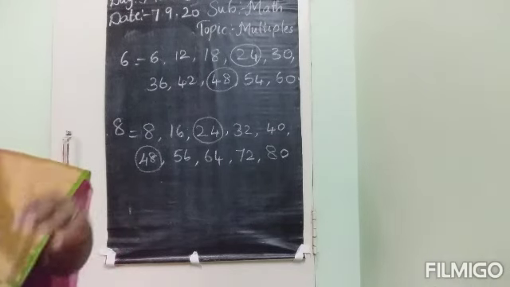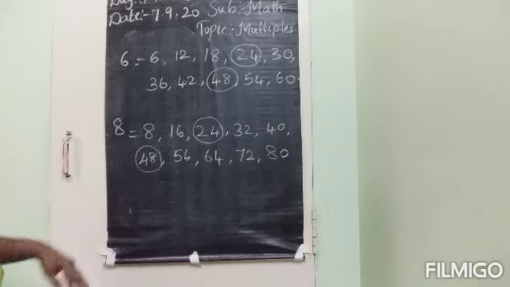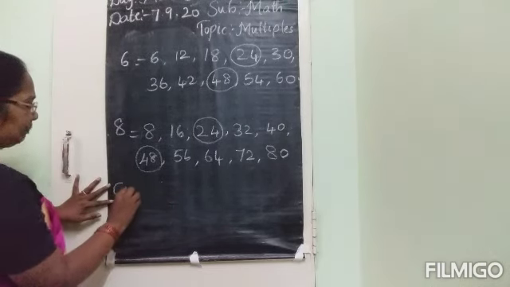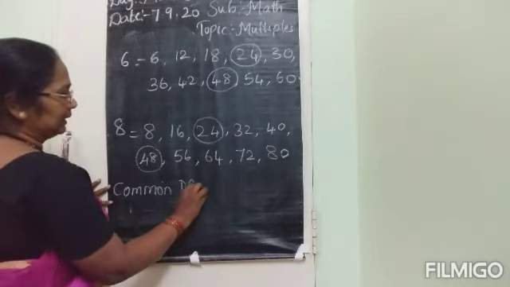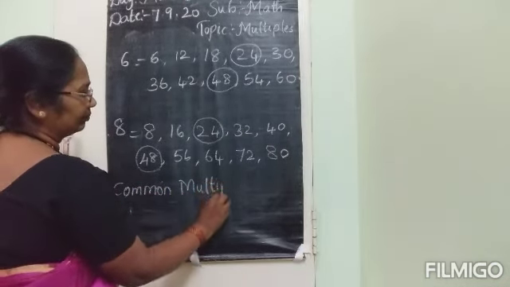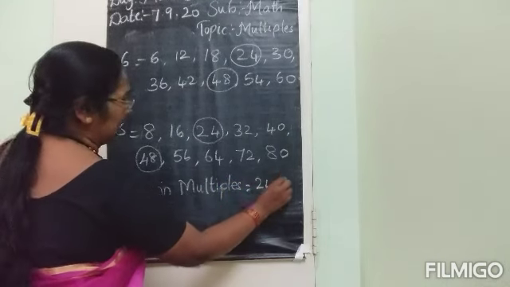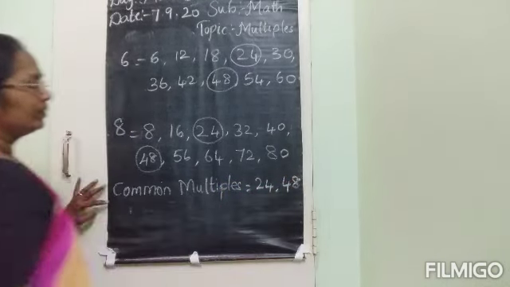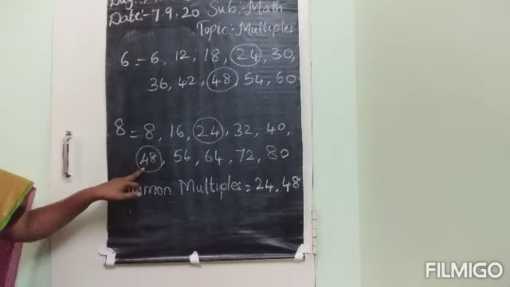So what is common in both the numbers? The common multiples are 24 and 48. 24 and 48.